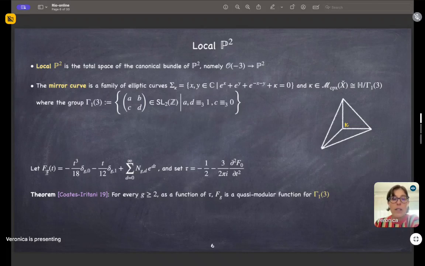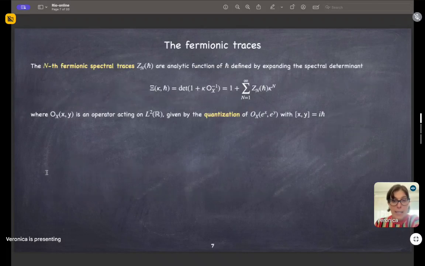And now let me introduce the fermionic traces. Here we slightly change framework. So the fermionic traces are introduced through a quantization. And the quantization here is one of the simplest possible quantizations you can think of if you start with a mirror curve.